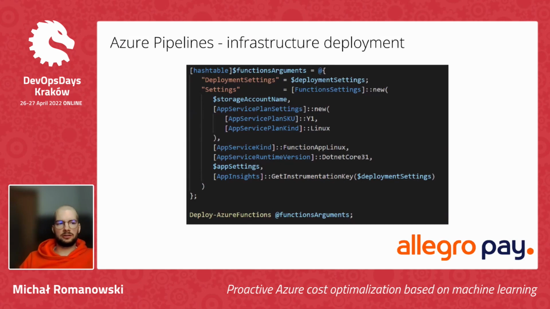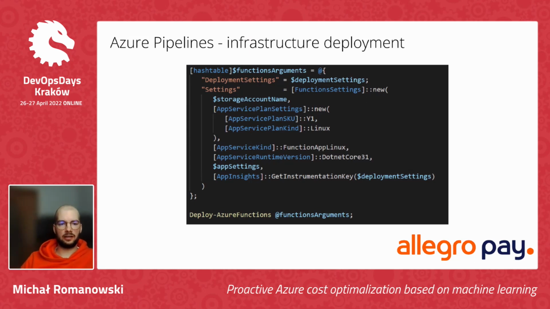The next point is to deploy infrastructure. Here we've got the implementation of the usage of our PowerShell abstraction layer. As you can see here, we've got a couple of PowerShell classes, for example that FunctionSettings class that has all of the properties required for the Azure Functions to be deployed.